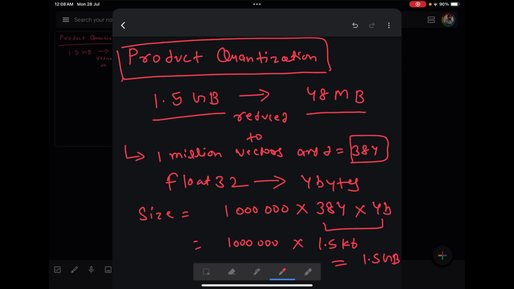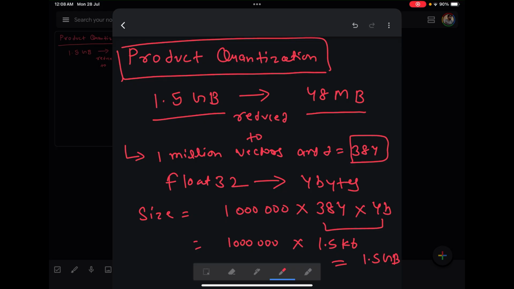And obviously the vector representations that we get after doing the quantization are going to be different from what we originally have. But for semantic search applications, they are mostly not that much different, and they get the job done.